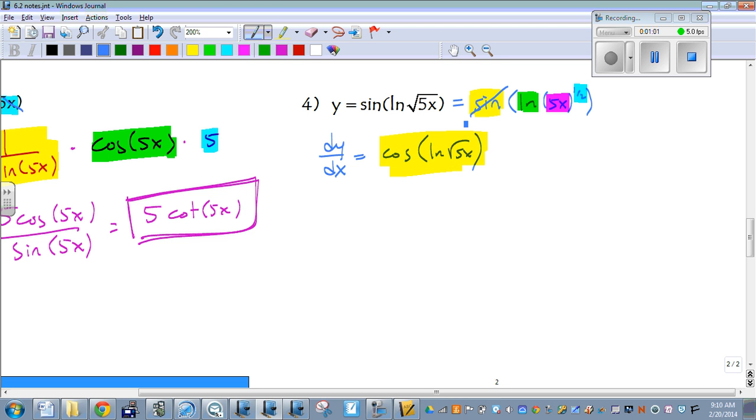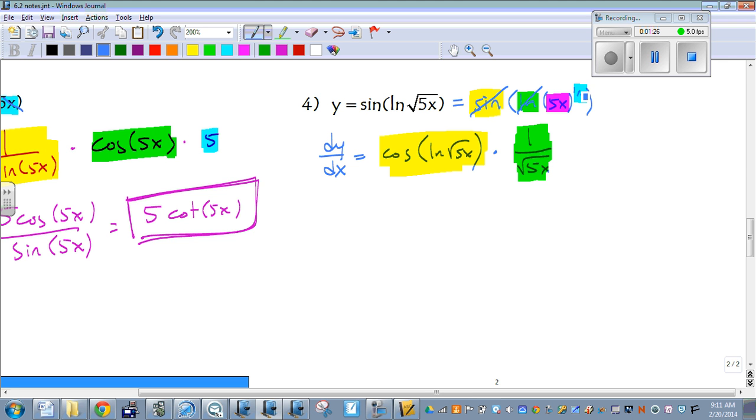Okay, that's done. Now focus on the next part, natural log. Derivative of natural log is going to be 1 over whatever we're taking the natural log of, times the derivative of all that stuff. So we're going to have 1 over 5x to the 1/2, or I'm just going to write it again as square root of 5x. Alright, so natural log part, done.